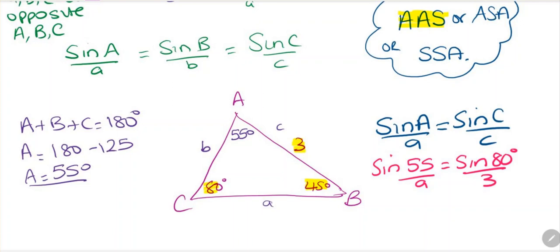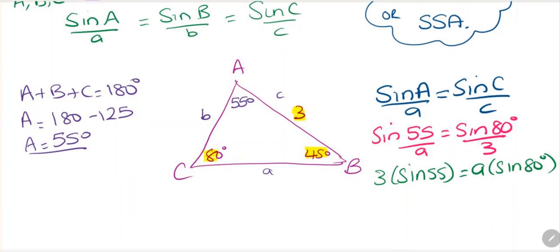So if we cross multiply and rearrange our formula, we will have 3 times sine 55 is equal to a sine 80.